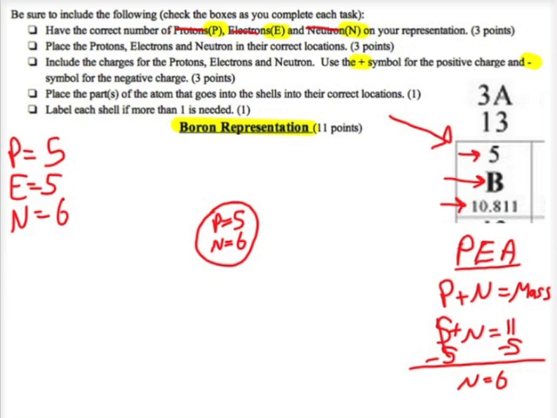Now, let's change colors. Okay, so place the protons, electrons, and neutrons in their correct location. I've got the protons done. I've got the neutrons. Now, before I do the electrons, if I read on, include the charges. Okay, I know that. Place the parts of the atoms that go into shells in their correct location. Ah, what goes into shells?